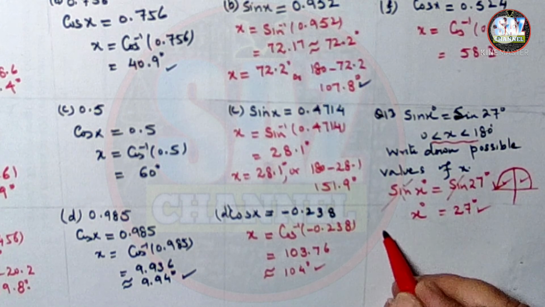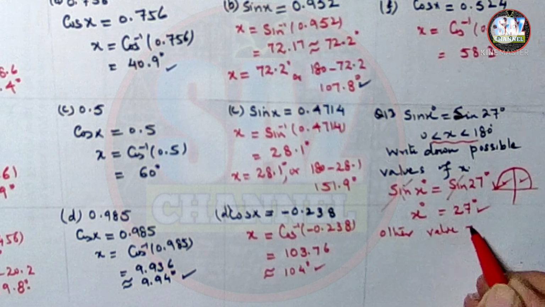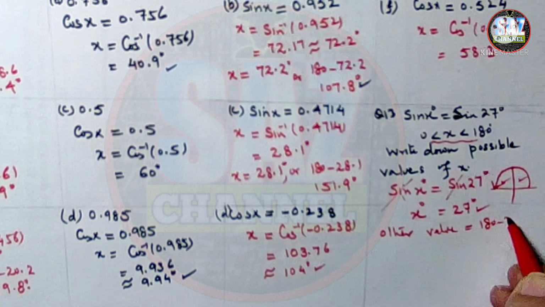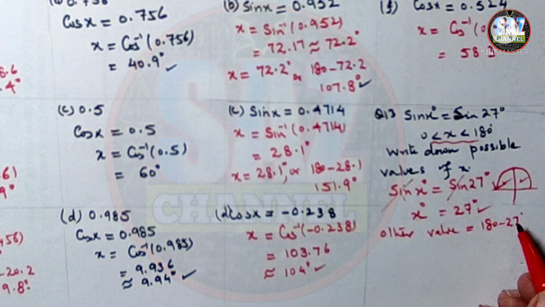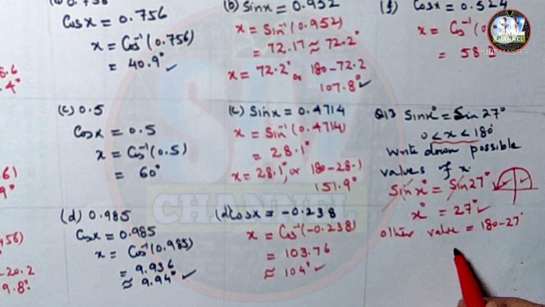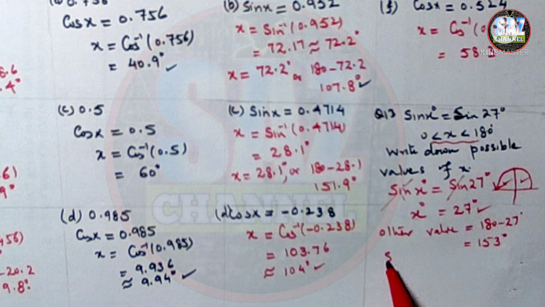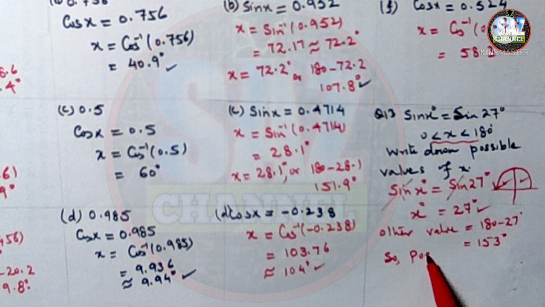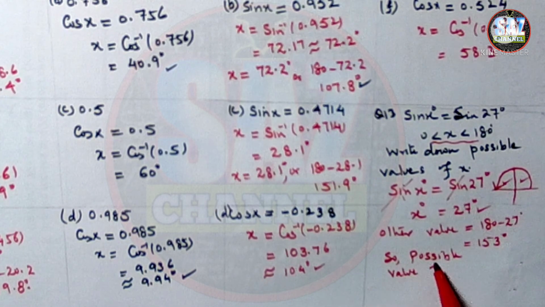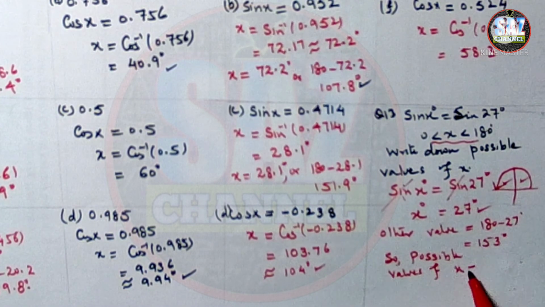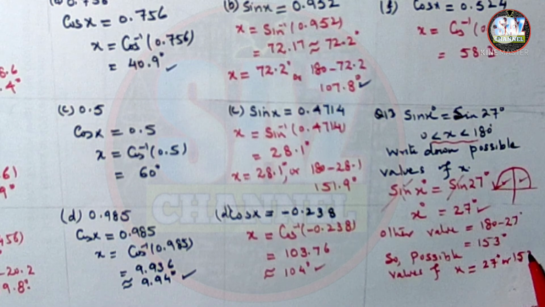The other value will be equal to 180 minus 27 degrees, and 180 minus 27 is 153 degrees. So the possible values of x are 27 degrees or 153 degrees.